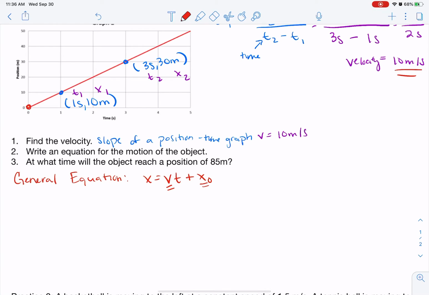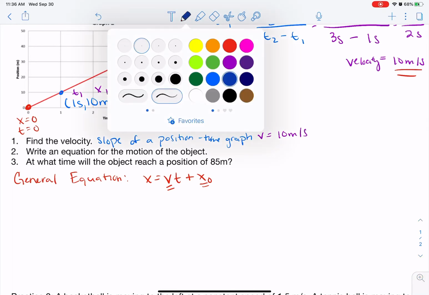So we look at our graph, and the starting position is the position at time 0. So in this case, our position at time 0, x equals 0 when time equals 0. It's also possible you could have a graph that looks like this, and then your position would be 20 for your starting position, but in this case it is 0. Okay, so now let's plug into this equation here.